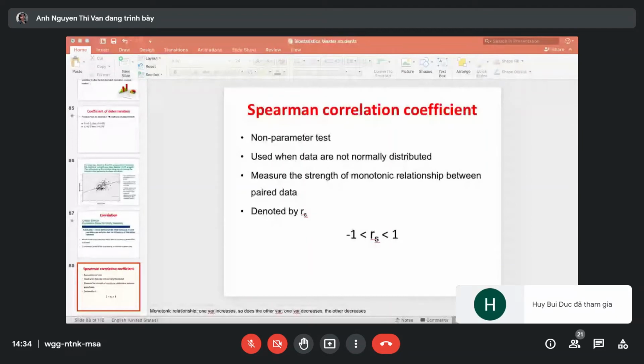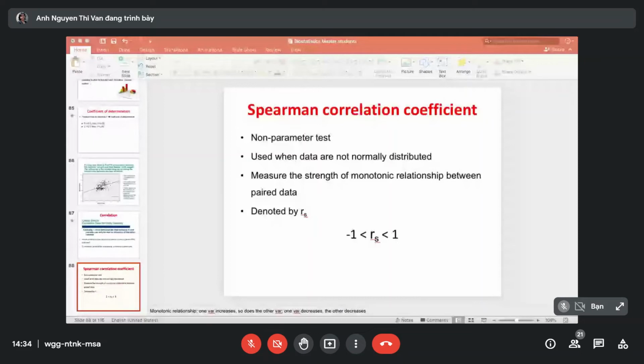So, what is the difference between the Pearson and Spearman test? I only remember that the Pearson is a parametric test and the Spearman is a non-parametric test.